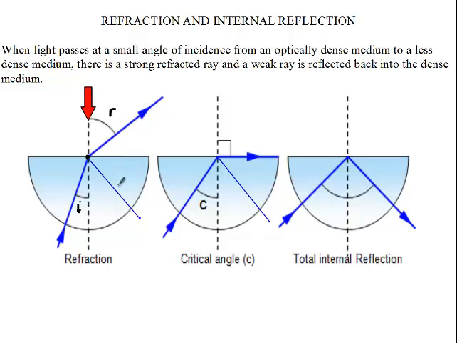So here what we are basically saying is that at a small angle, when light moves from a denser medium to a less dense one, there's a strong refracted ray and then a weak reflected ray back into the medium.